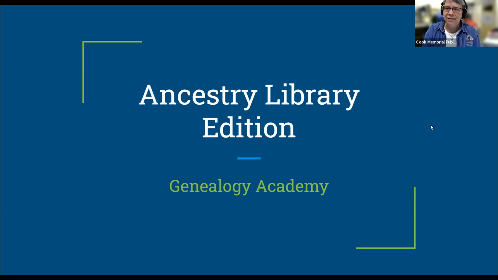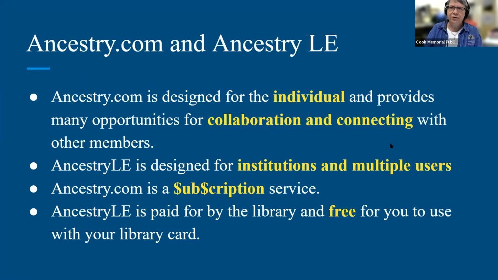As I mentioned, this is Ancestry Library Edition, and you're probably familiar with the fact that there is an Ancestry.com. There is a difference between Ancestry.com and Ancestry Library Edition, so let's talk about those before we get started, because then you'll know what we're talking about here in our presentation tonight. Ancestry.com is designed for individuals, and it gives the people who have subscribed to it opportunities for collaborating and connecting with other subscribers.